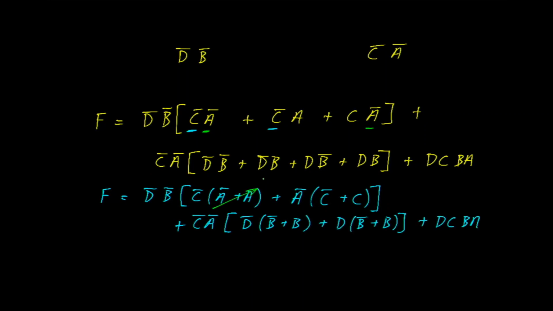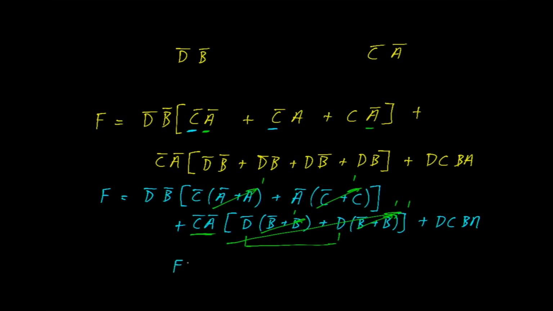When we do that, all of these pieces go to 1. You'll notice that this is D and D naught, so that term becomes 1. So this entire thing inside here becomes 1, leaving us with C naught A naught.